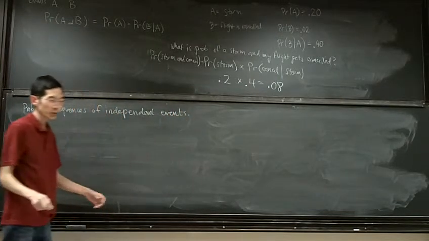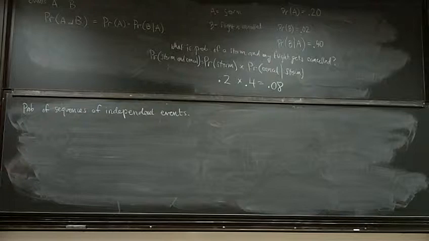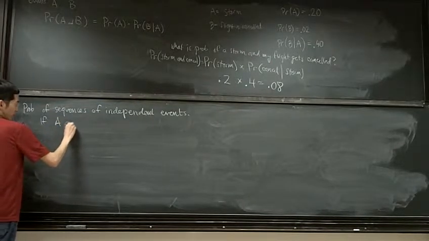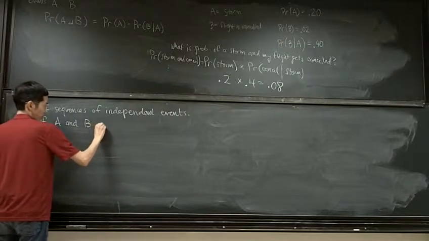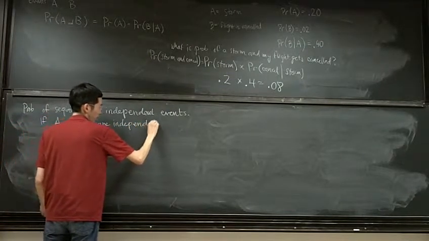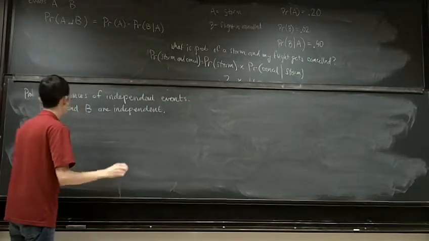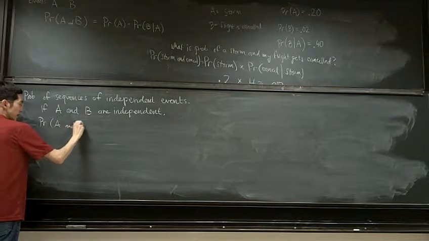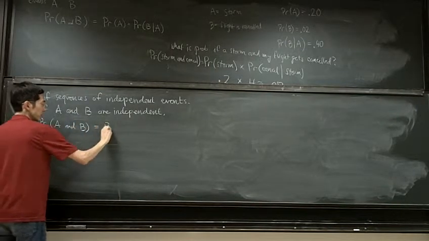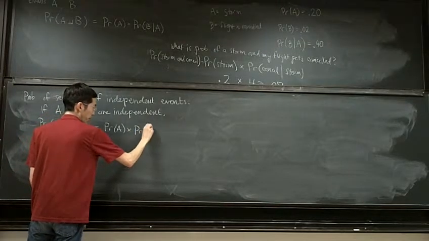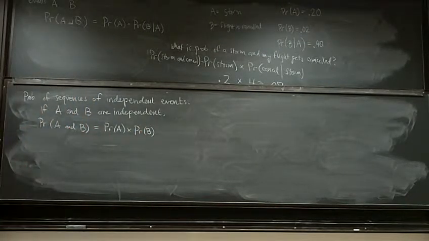So if events are independent, then the probability of A and then B is equal to the probability of A times the probability of B.